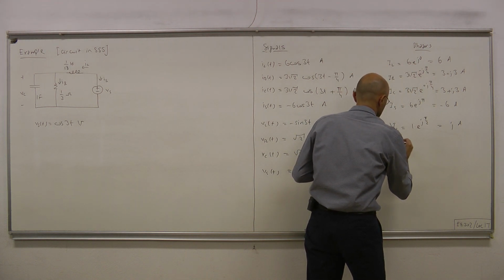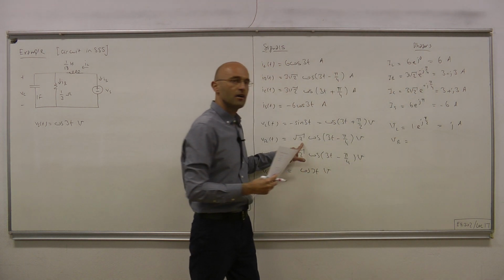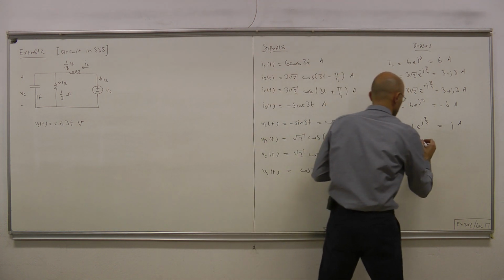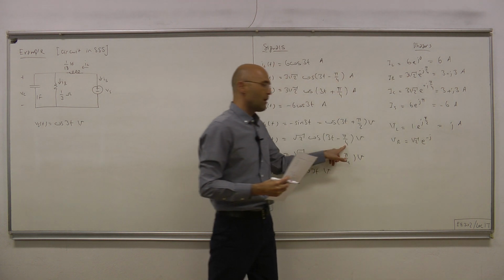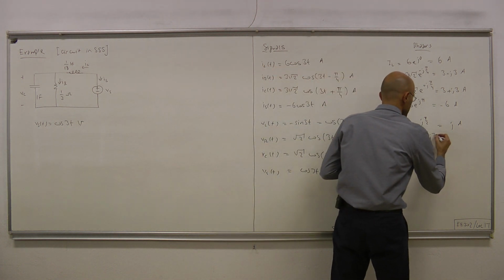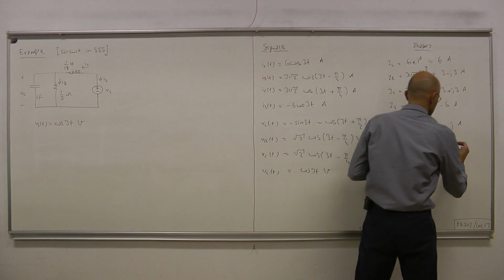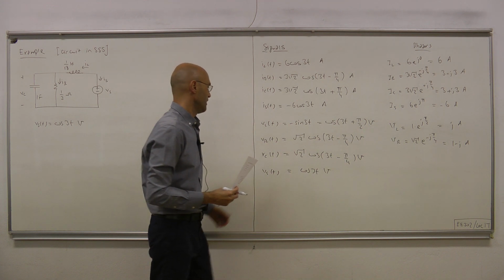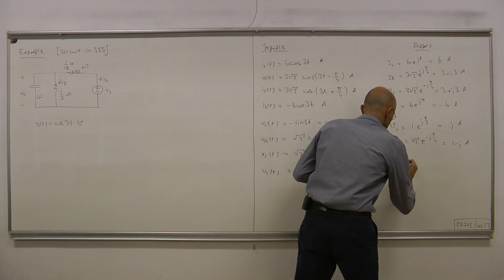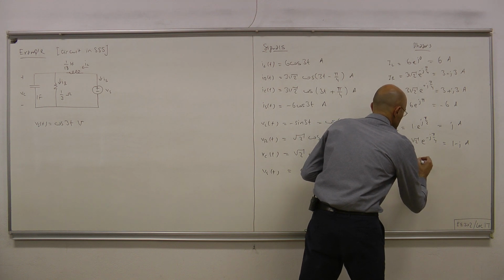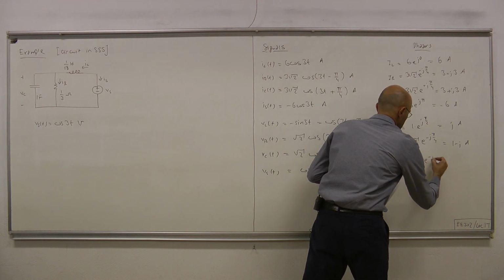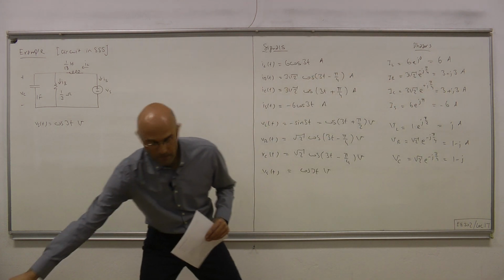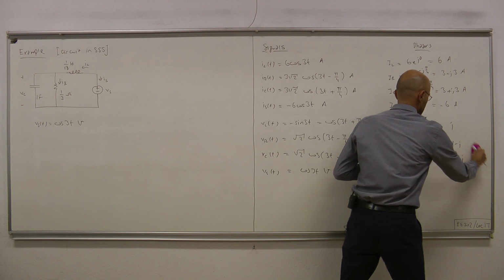And VR has magnitude square root of 2 and e to the minus j pi over 4, which can be written as 1 minus j. VC is the same as VR, so we have square root of 2 e to the minus j pi over 4, which is 1 minus j. Excuse me, these are volts, clearly.